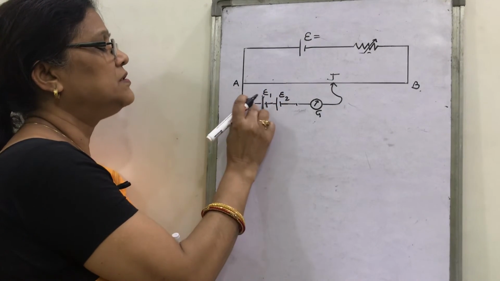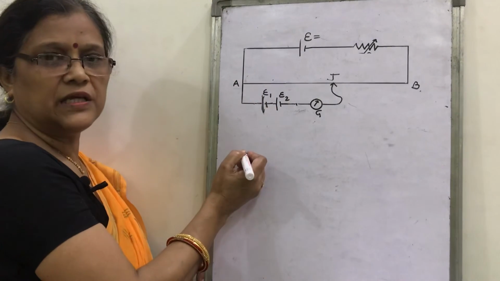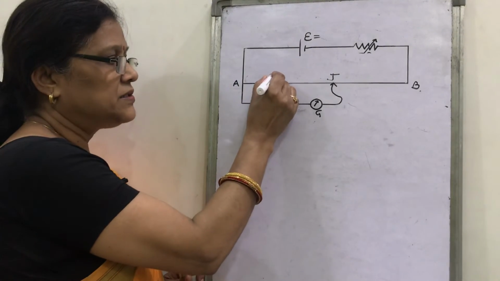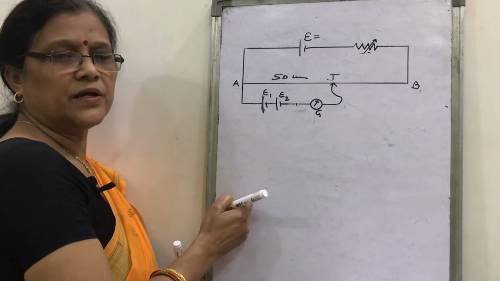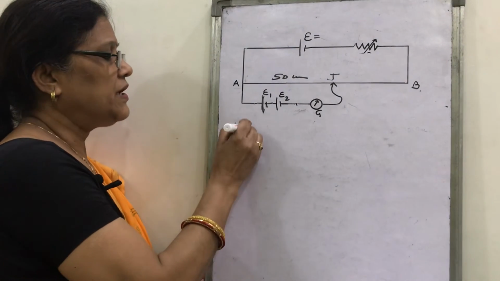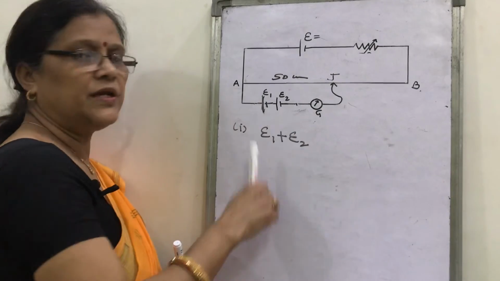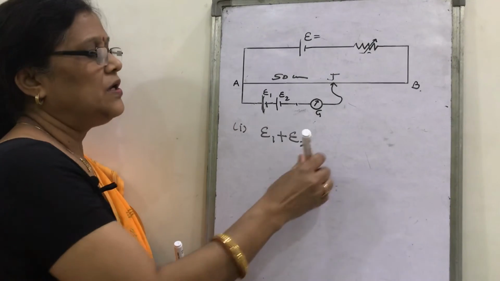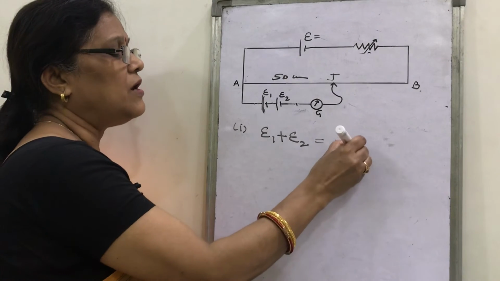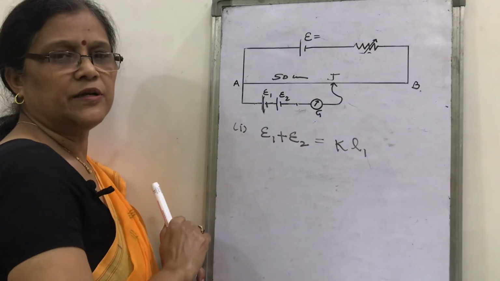This is connected in such a way that they are supporting each other. Here this is the length, 50 centimeter. So in the first case, when they are supporting, you will write E1 plus E2 equals KL1. What is L1? 50 centimeter.